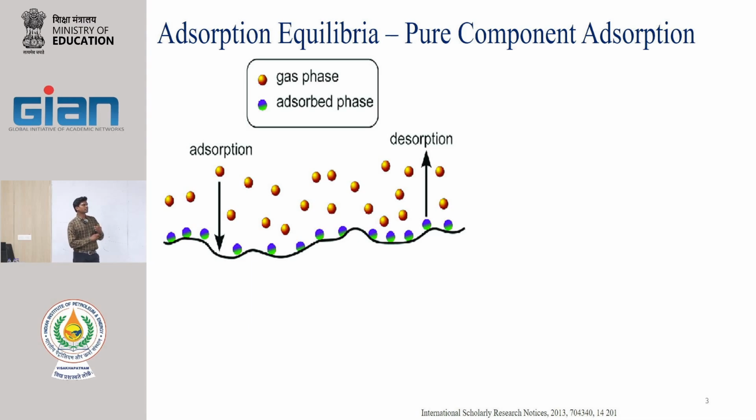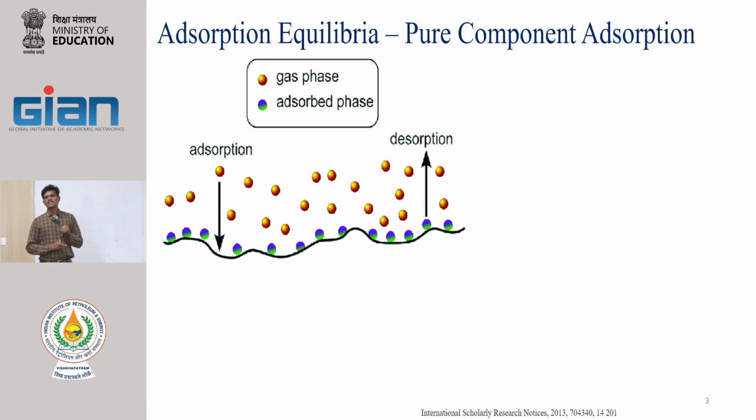So why do we explore pure gas adsorption isotherms all the time? First thing, we try to get information about the porosity, the pores, and when there is only one gas, how it is behaving. So we try to get the ideal information: in the ideal case, what is happening, and how much it can adsorb.